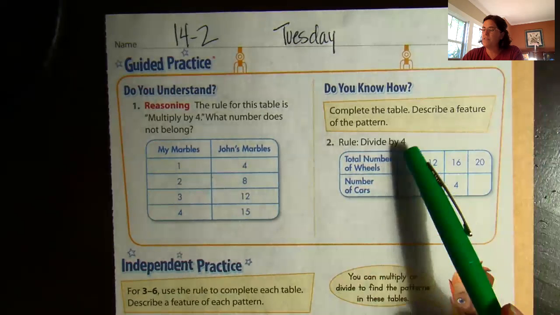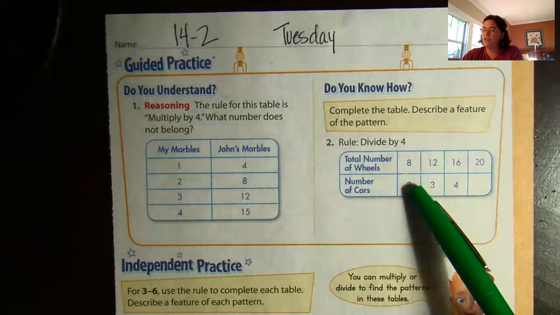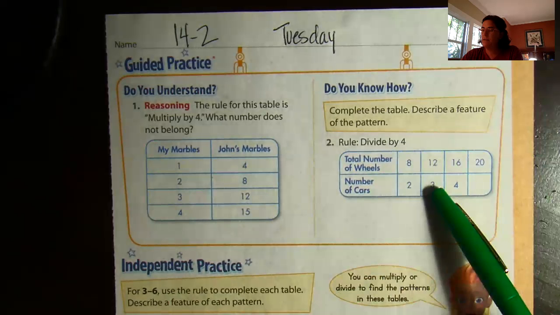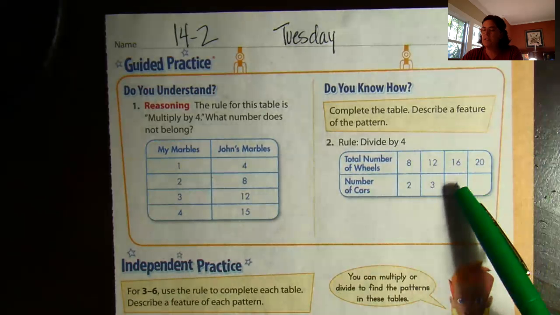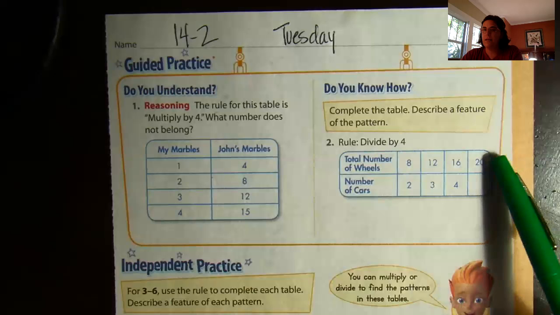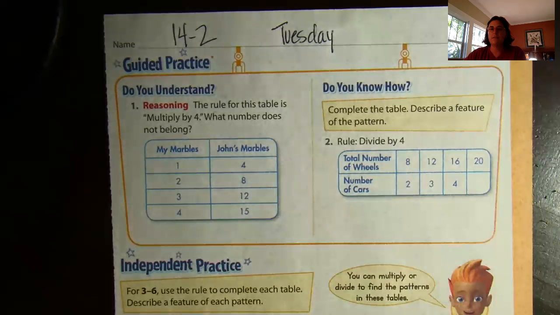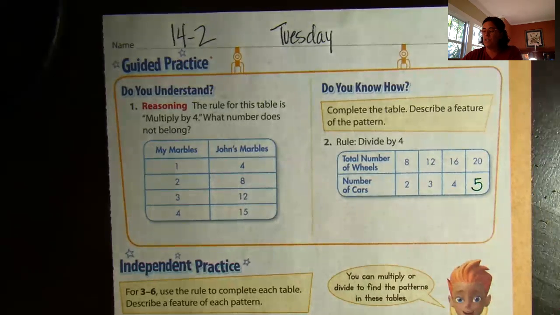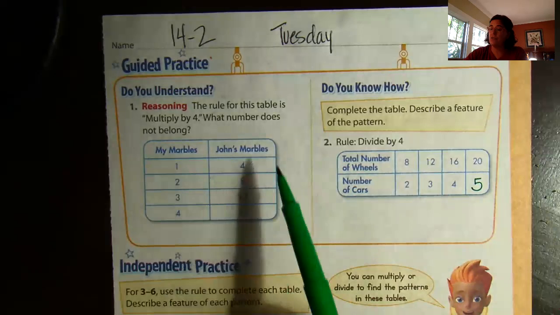I know that it says divide by 4, so 8 divided by 4 is 2, 12 divided by 4 is 3, 16 divided by 4 is 4, and 20 divided by 4 is, if you said 5, you are correct. Now we could keep working that pattern until we get to 0, right? Or to 1 actually.